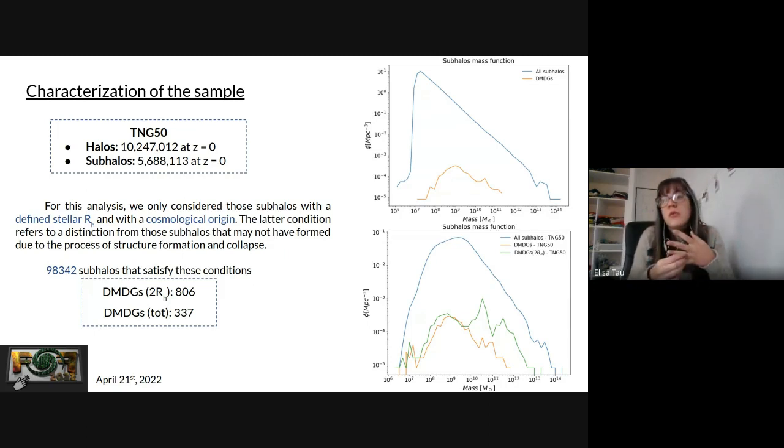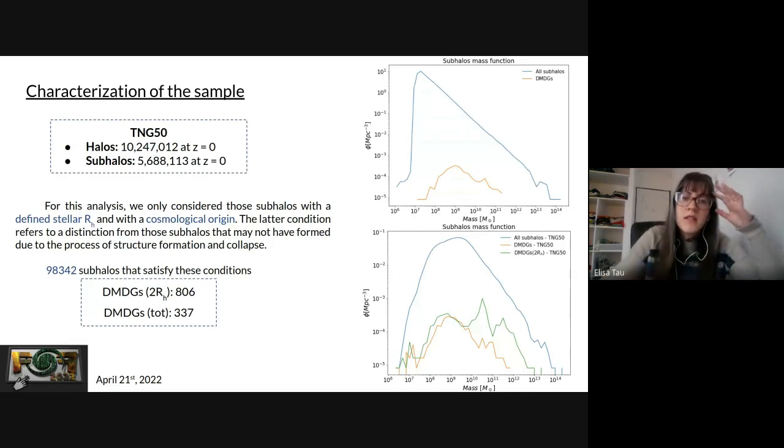We wanted to make sure that the galaxies we are studying actually formed due to gravitational collapse and not due to the remains of some merger. But there is a flag. You can look for it in the Illustris-TNG database website. I think the name was subhalo flag.